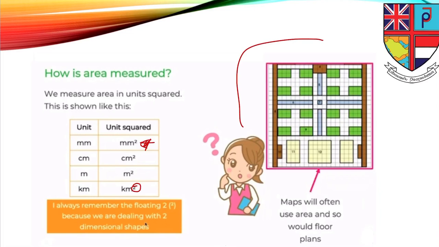Okay, so in everyday life, we use maps and floor plans of a building. If you're ever looking at buying a house or renting a place, you would look at a floor plan and they'll give you the area of the house or the kitchen. If you want to build a kitchen and you want to buy a washing machine and a dishwasher and you've got worktops, you need to know the area of everything, including the whole room, to know if you can fit everything.